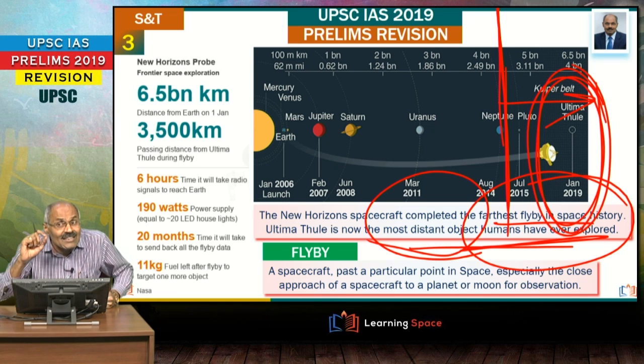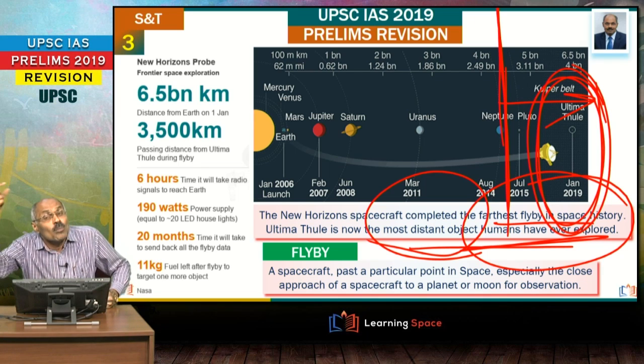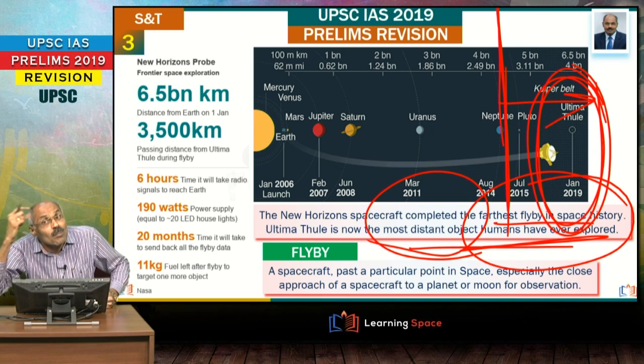And for scientific observations, when a spacecraft goes nearer to a particular object, that is known as a flyby. Flyby is one important word. Flyby means when a spacecraft goes nearer to some object, basically to observe it.